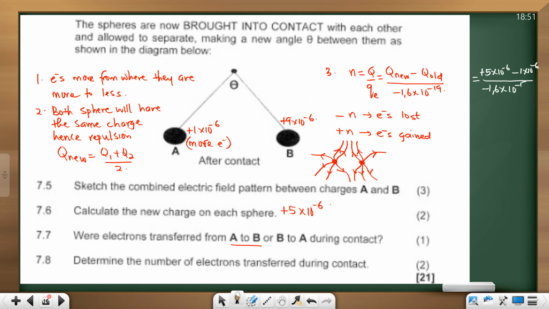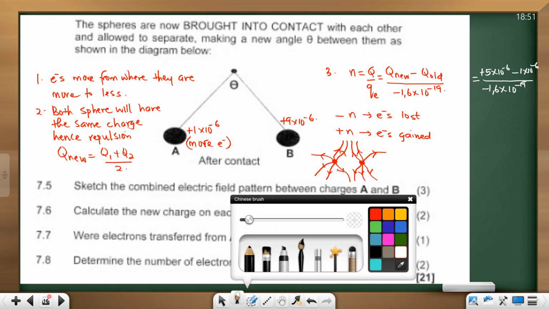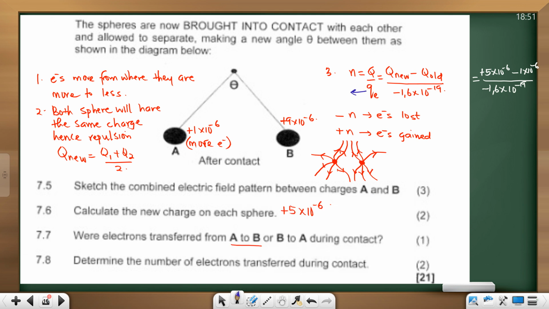The negative there is the charge on an electron. Charge on an electron, and it is a constant. You will also see it in your formula page. I am done with that. Easy peasy, 21 marks again.